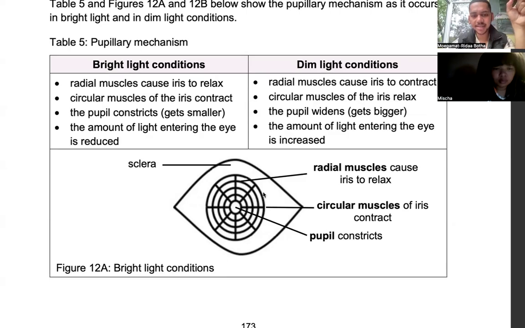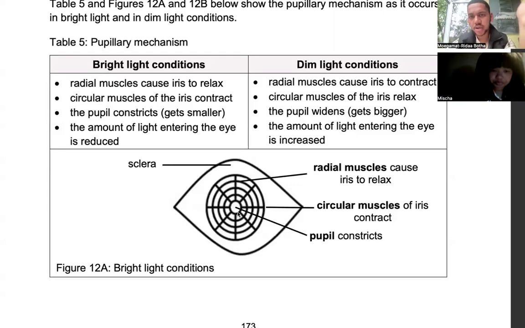The circular muscles of the iris contract. The pupil gets smaller, they constrict, and the amount of light entering the eye is reduced. That's in bright light conditions.